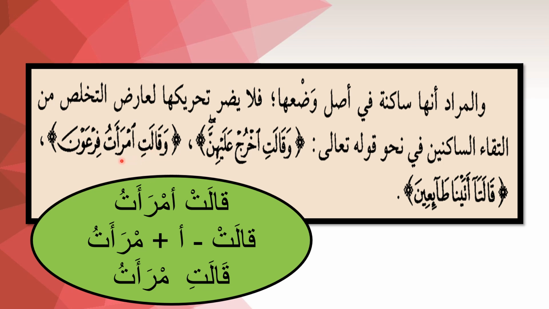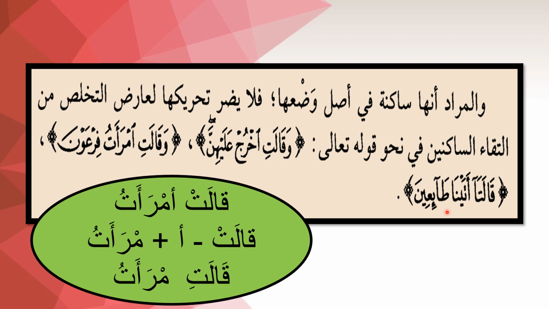وقالت امرأة فرعون. We will see this example. Let's see this one. قالتا. And now this ta with fatha and alif, this is actually the verb for the dual.